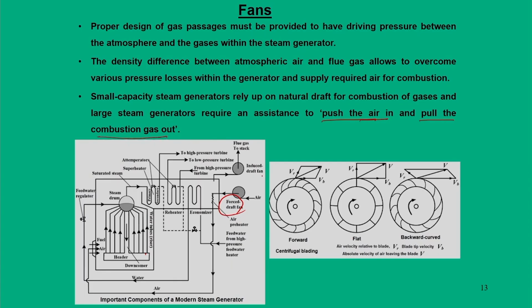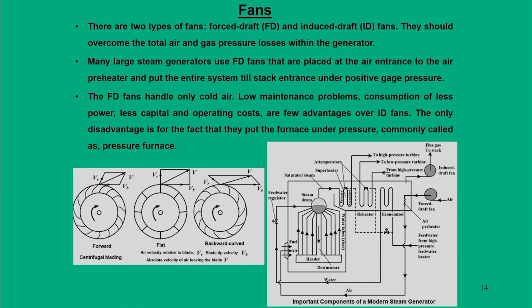For that reason we require an induced draft fan that takes this flue gas out from the system. So, the push and pull concept is very useful for a steam generating unit, and it is one of the most important requirements for the system.